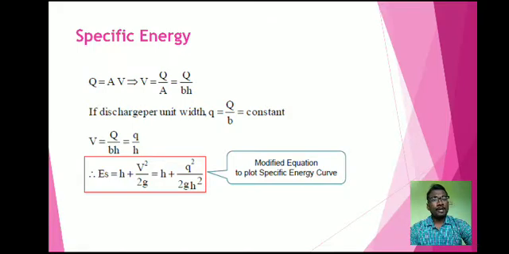Substitute the value in the energy equation and you get the modified equation to plot the specific energy curve: Es equals H plus Q square divided by 2g H square. This is the modified equation to plot the specific energy curve.